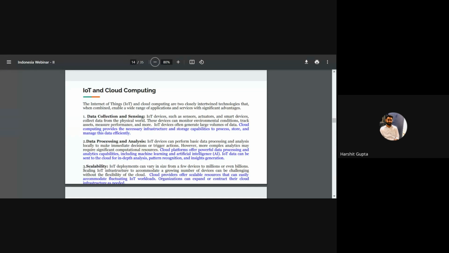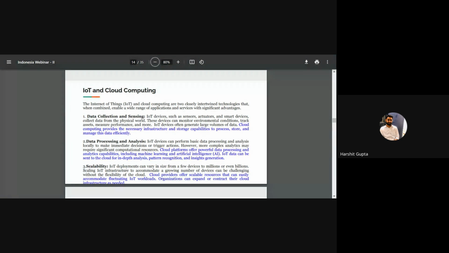So if we see IoT with cloud computing, the IoT does the data collection and sensing. IoT devices like sensors, actuators, or any smart devices collect data from the physical world. These data can monitor environmental conditions, track assets, measure performance, and multiple other things.